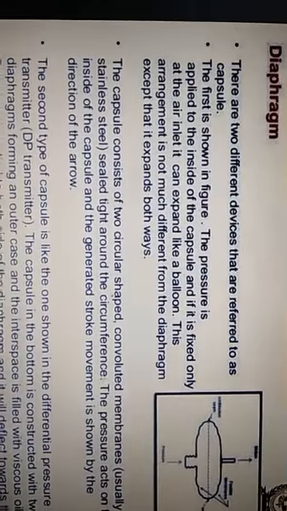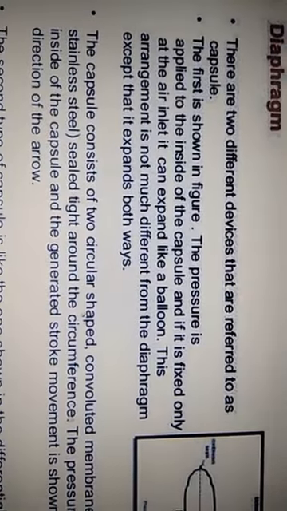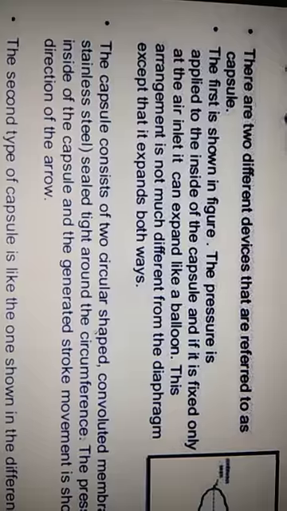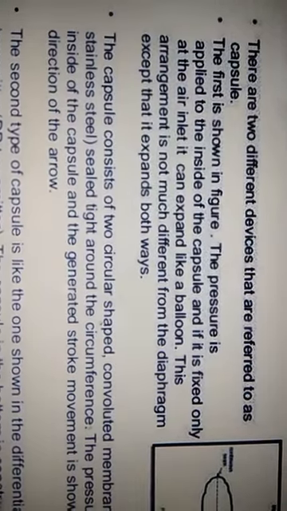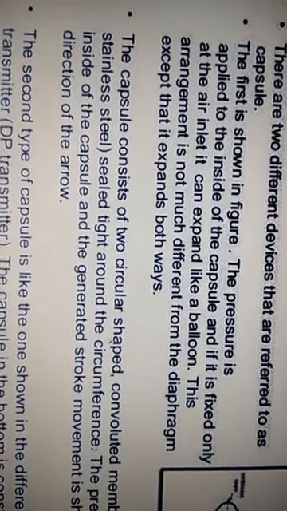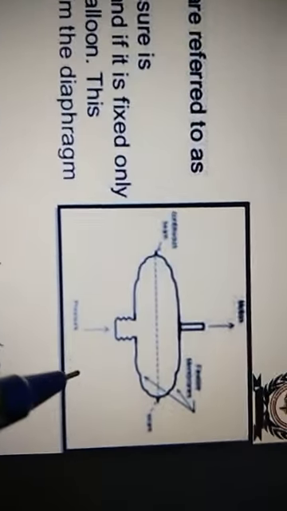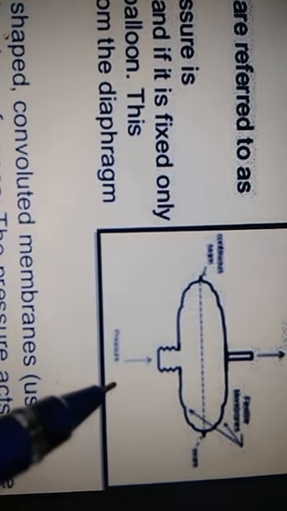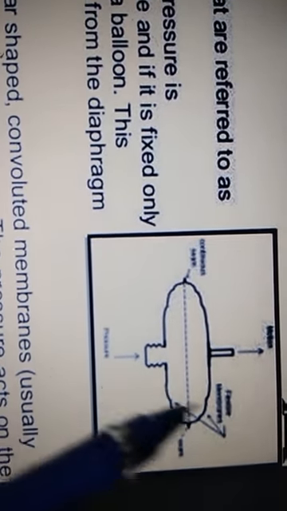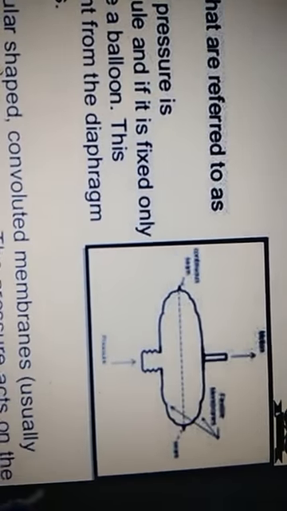There are two different devices that are referred to as capsule. The first is shown in the figure. This figure is a capsule type diaphragm. Here is the pressure inlet, and here you will get the outlet.